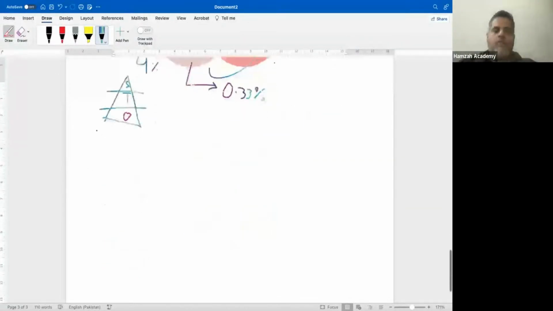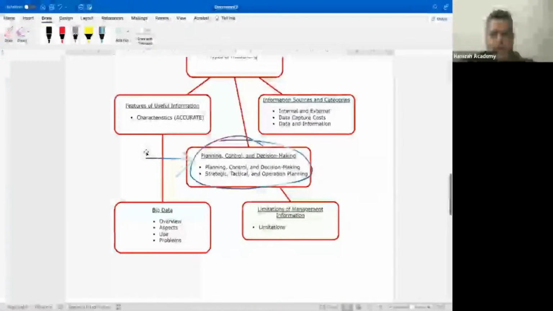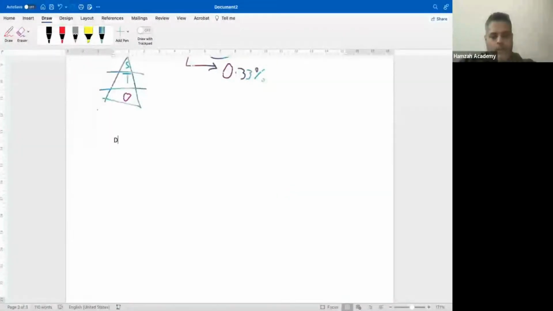When we move ahead from here, the planning thingy, the next thing that we have over here is data and information.